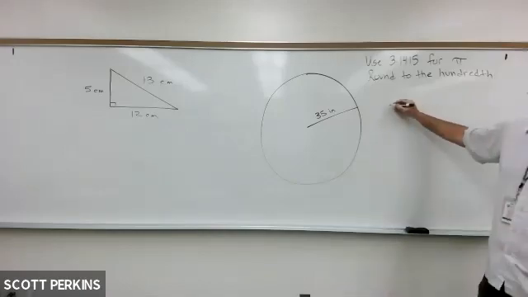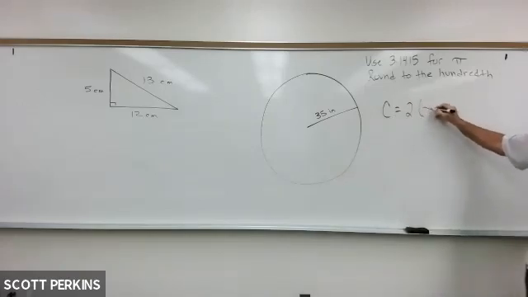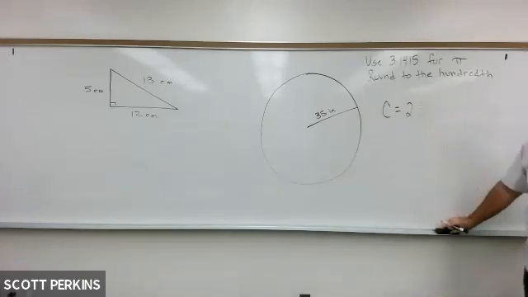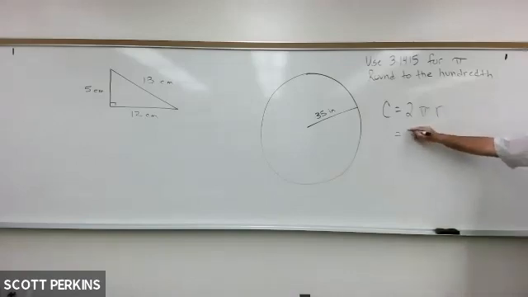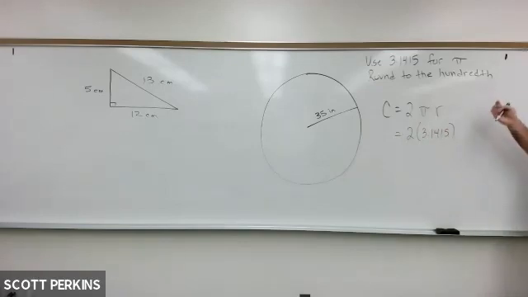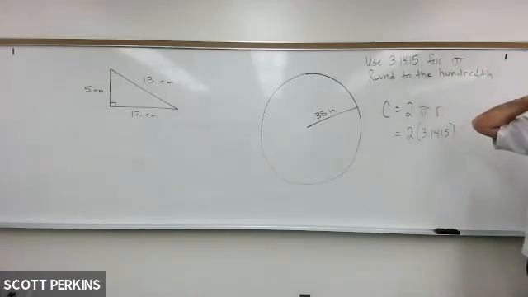Here we go. The circumference of this is 2 times pi times the radius. Once I've got that in my brain, I just have to plug and chug. So 2, and I'm going to use 3.1415. On the test, I will tell you to use either 3.1415 or, if you have a scientific calculator, the pi key.